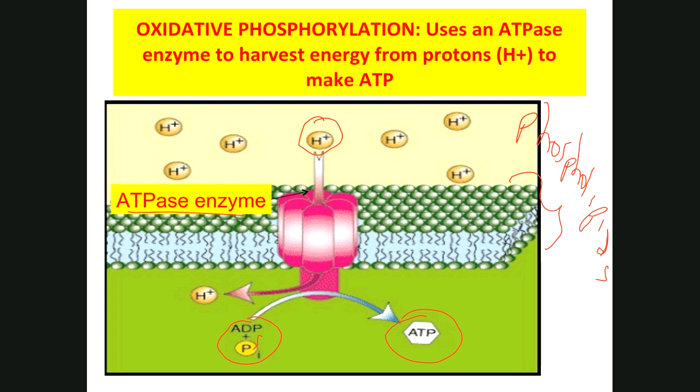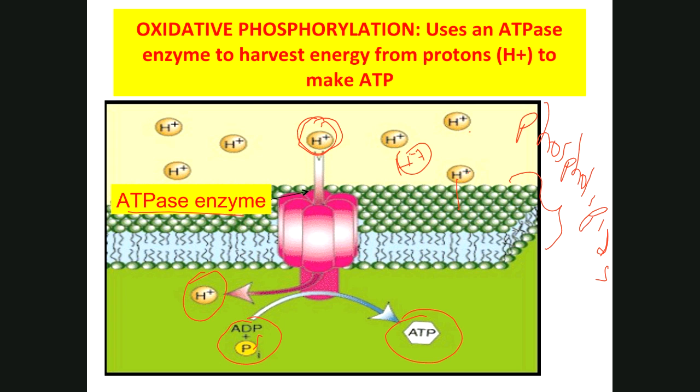Okay, so the energy is coming from hydrogen ions. Notice that on one side of the membrane there are tons of hydrogen ions. On the other side of the membrane there are very few. So by diffusion, the hydrogen ions want to go to the other side. They cannot go through a lipid membrane because the lipids repel anything that has a charge on it.